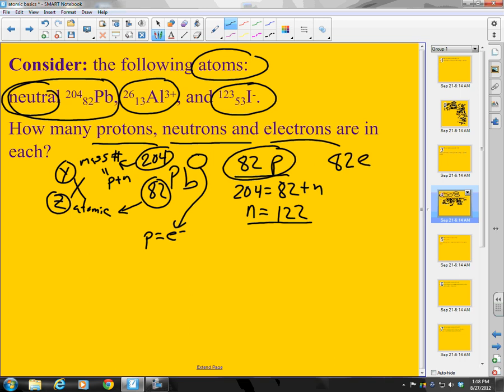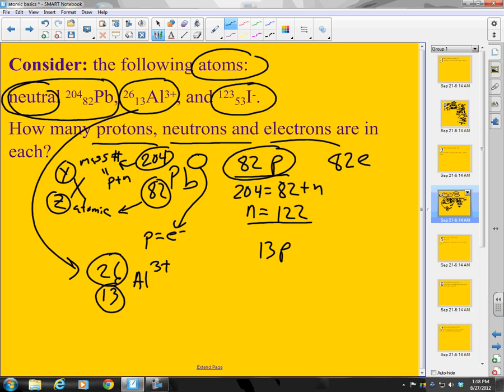Okay, so moving on to the next one. I have aluminum, 26, 13, aluminum 3 plus. The 13 is the number of protons, so I have 13 protons. The 26 is my mass number, equal to the protons plus my neutrons. So 26 equals 13 plus N, and N equals 13. The 3 plus here is the charge on this atom.